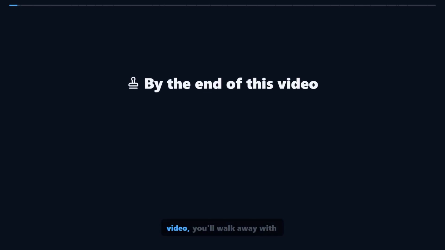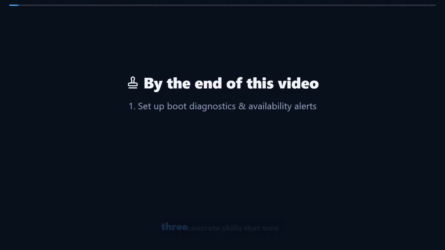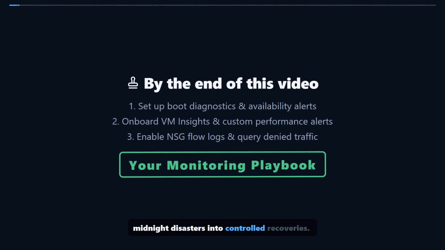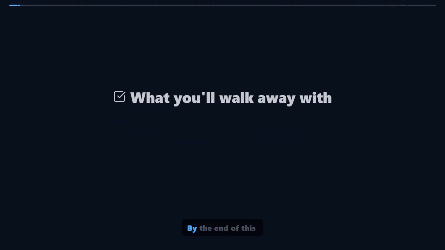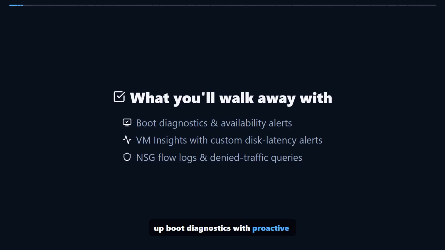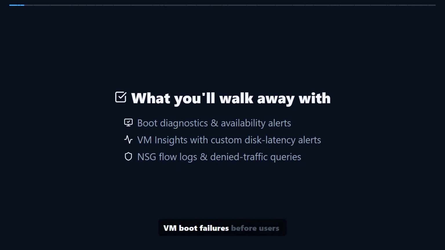By the end of this video, you'll walk away with 3 concrete skills that turn midnight disasters into controlled recoveries. First, setting up boot diagnostics with proactive availability alerts so you catch VM boot failures before users notice.